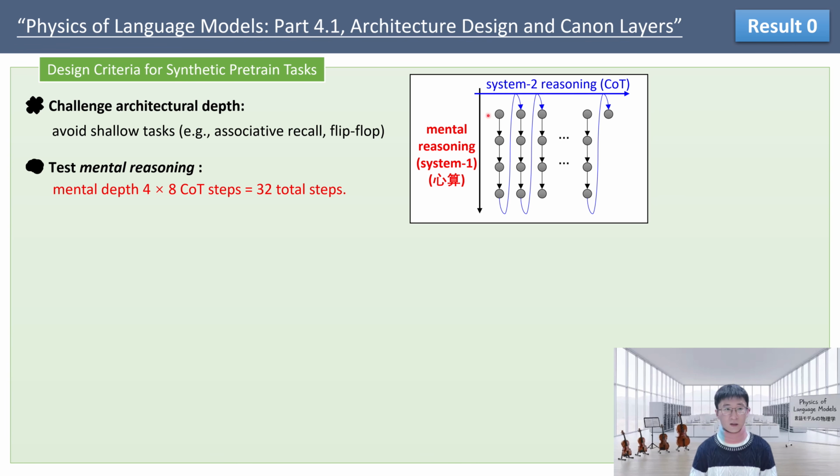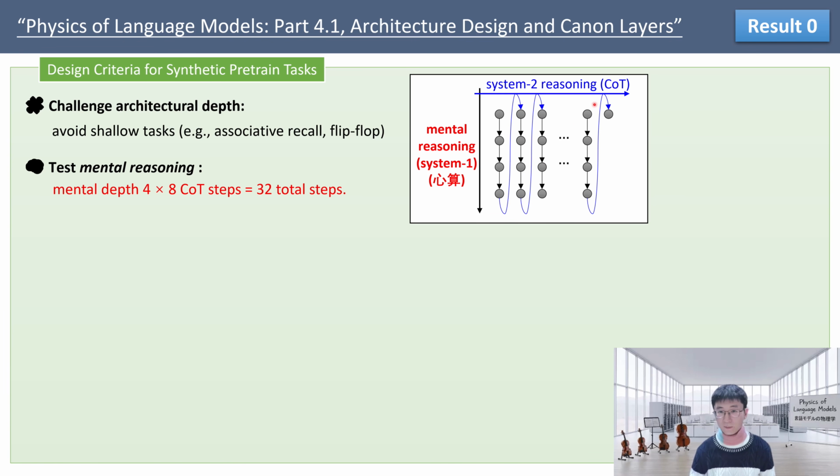Because if a model can support, for instance, 4 steps of mental reasoning, and on top of that, you can also do 8 steps of chain of thought reasoning, then that's a total of 32 steps, right? So we want to study this orthogonally, because the chain of thought direction is almost not related to the model's architecture at all, because for any model architecture, you can do chain of thought.